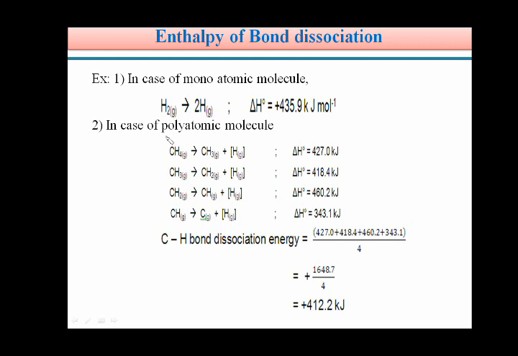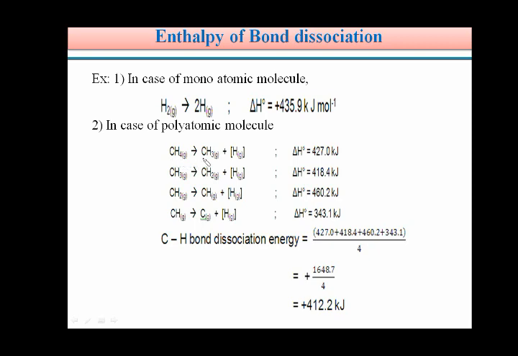For this polyatomic case, we can take one example, CH4. In the previous slide, I already told you, students, CH4 is the molecular formula of methane. In the methane molecule, 1 carbon atom is attached to 4 hydrogen atoms.